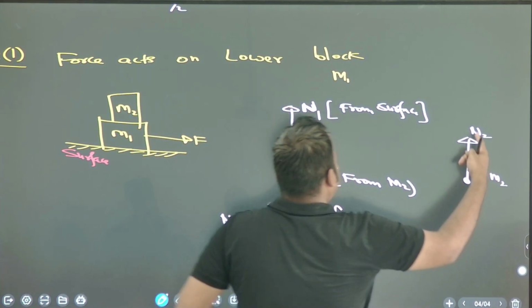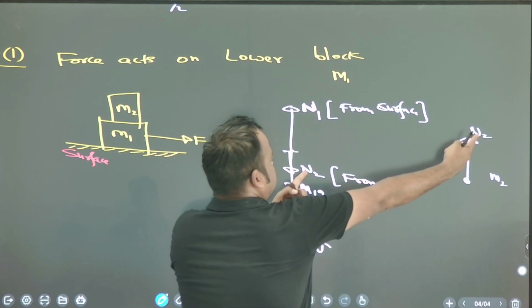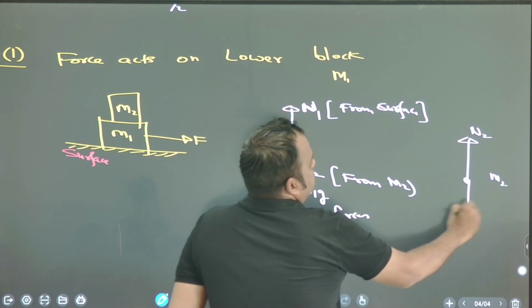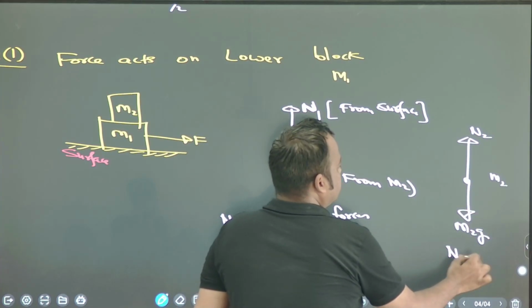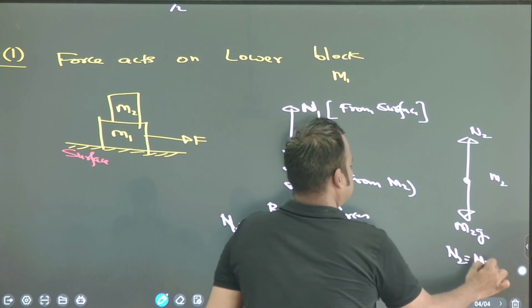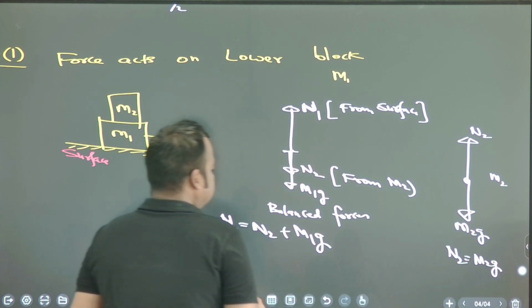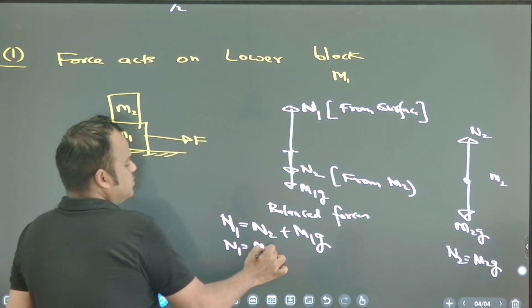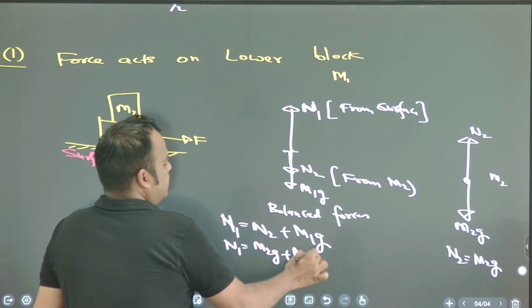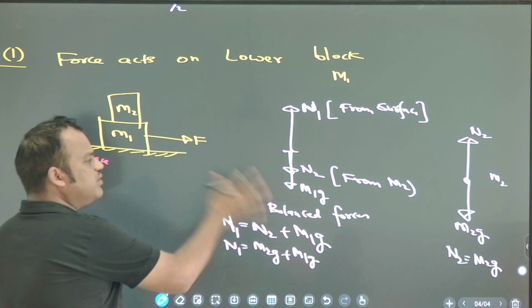These are action reaction. This is clear. And what is the downward force? M2g. So what is N2? Balance. N2 is M2g. Now put it here. So N1 is M2g plus M1g. Okay, clear?